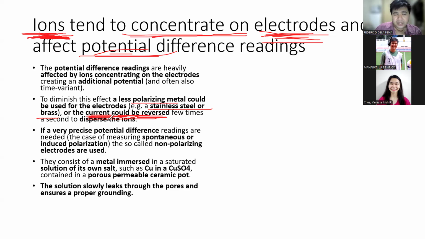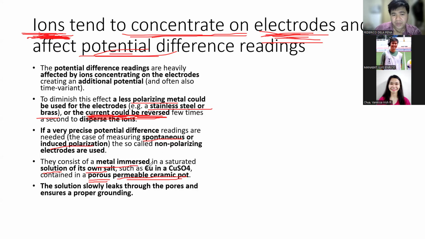In other methods, again, we're going to segue a bit, like spontaneous potential or induced polarization, they actually use a ceramic pot, which is porous in a way that it's slightly leaking, and that ceramic pot will contain some solution containing ions of the metal that's being used.